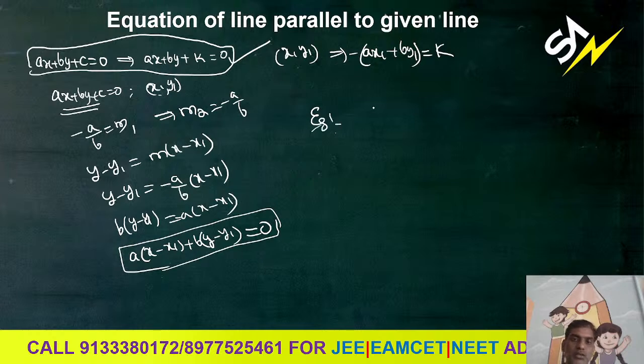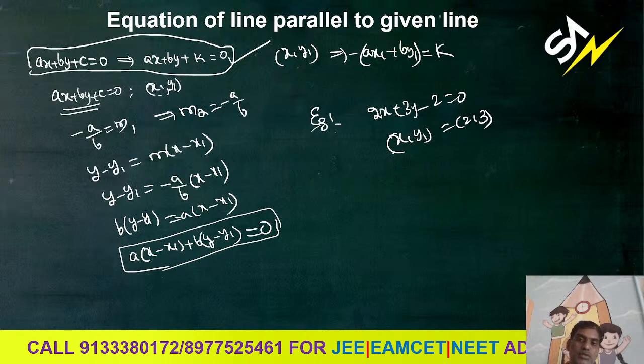Let us see one example. For example, we have a line 2x plus 3y minus 2 equals 0, and the point is 2 comma 3. We need to calculate a line which is passing through 2 comma 3 and parallel to 2x plus 3y minus 2 equal to 0. So what do you write?